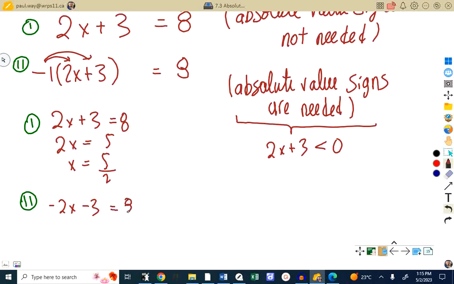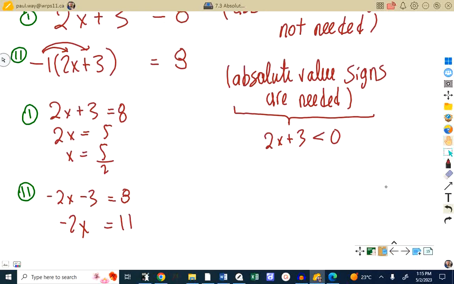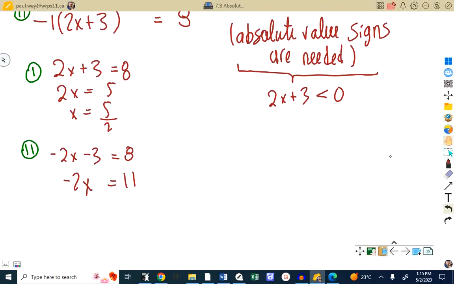Equals 8, which means negative 2x is equal to 11. And what does that tell me? That tells me that x is equal to negative 11 halves. You're still with me?